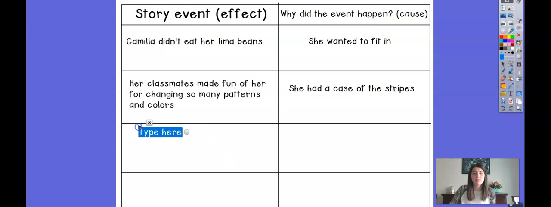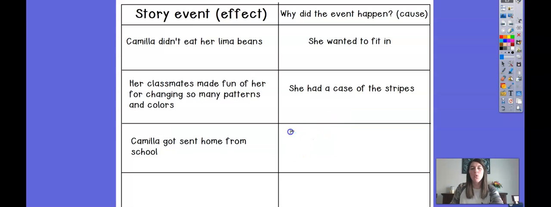So after her classmates made fun of her, what is something that happened? What is an event? Well, I know that after I went back and looked, the next thing that happened was that Camilla got sent home from school. All right, so why did that event happen? What caused her to get sent home from school?